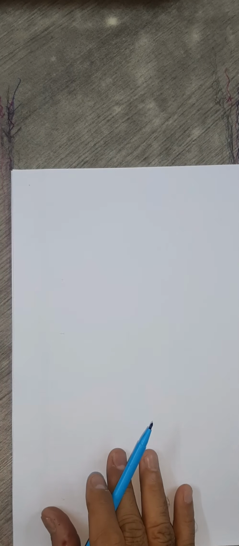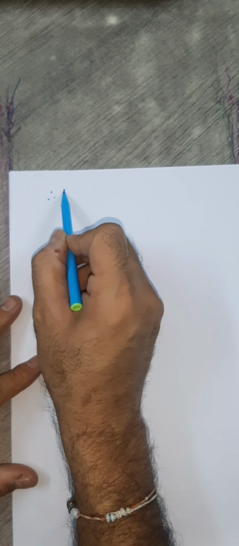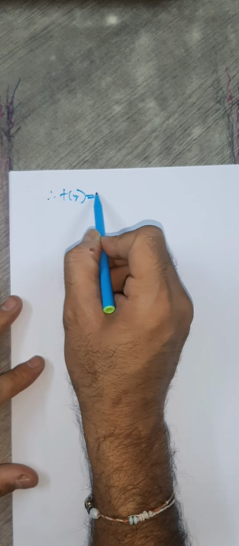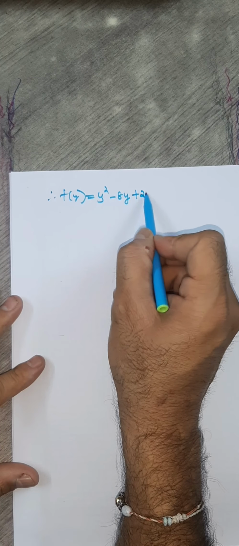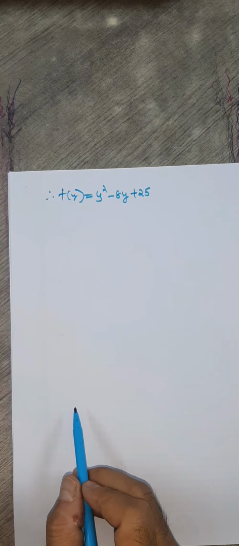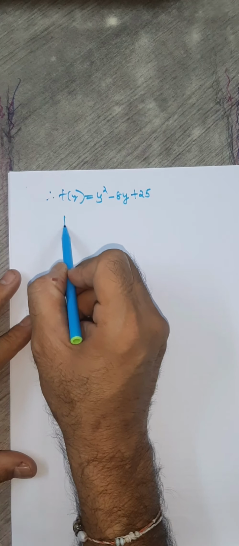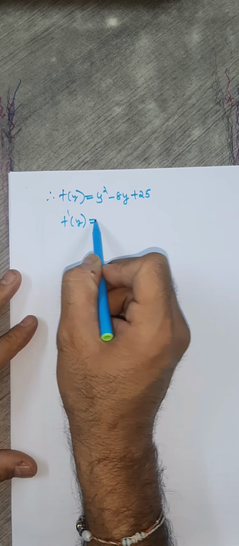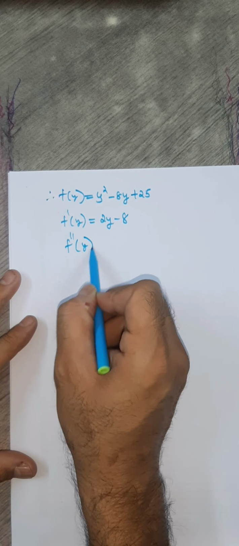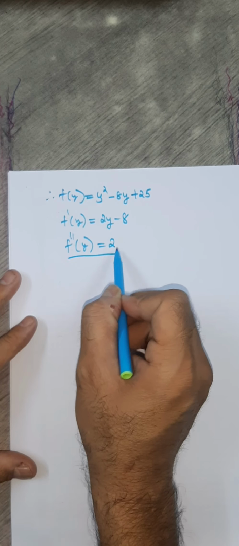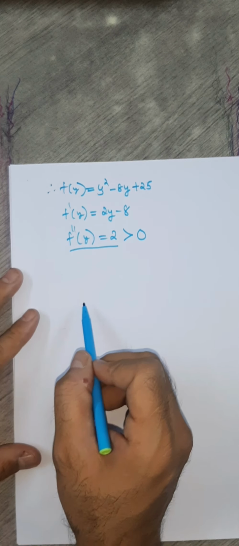Actually this you can also further simplify here. So f of y would be y squared minus 8y plus 25. Now this is the formation of the function. Now as usual, find f dash y, 2y minus 8. One more time you differentiate it, it is 2. You can notice that it is always positive.